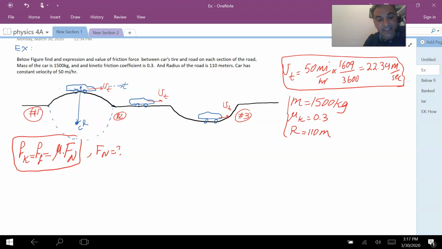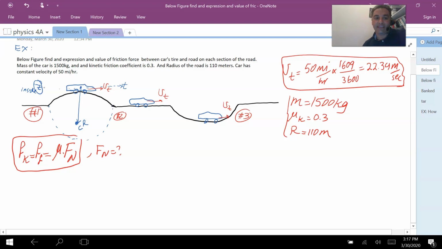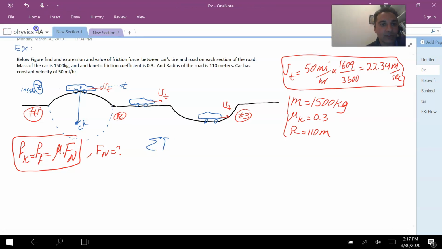So Z is inside the board. And I don't have any forces in that direction. So what I see here, I see sigma F on. So let me do it for part one. So for part one, okay.